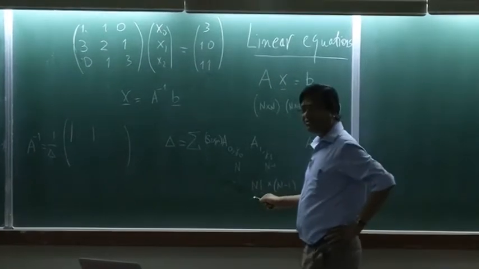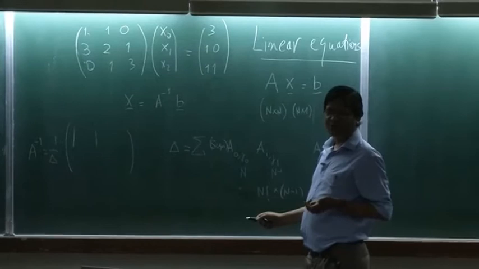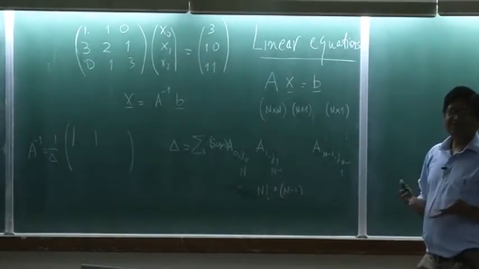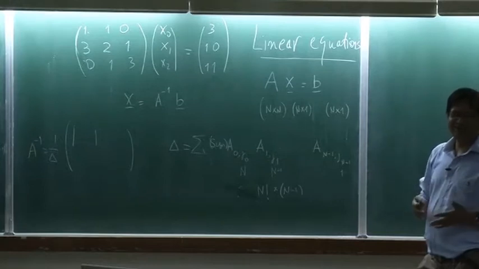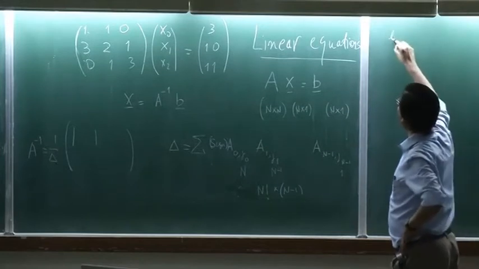What is n factorial roughly? How do you compute n factorial? It is some function of, well, I would like either exponential or power law estimate. N squared, no. So, what is Stirling's formula? These are very important.